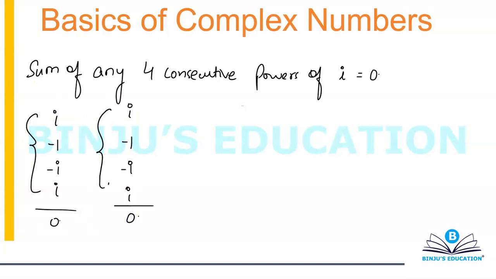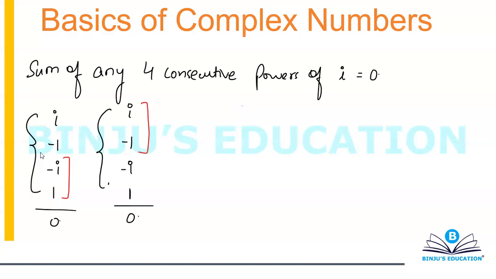For example, take 3, 4, 5 and 6: negative iota, 1, iota, minus 1. I made a mistake earlier, iota to the power 4 is 1. I'm sorry for that. Again, it's 0.